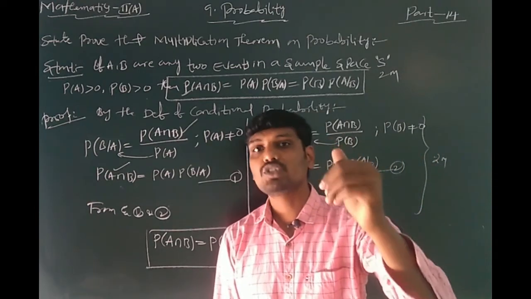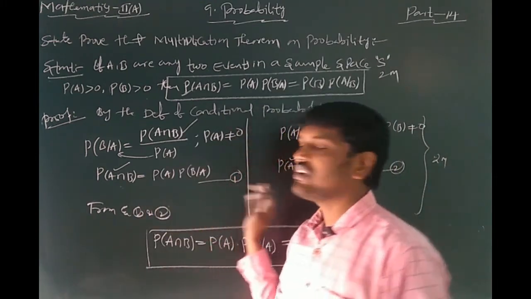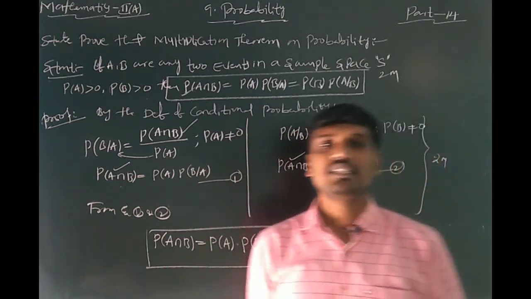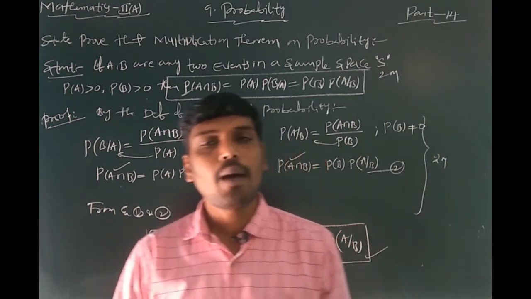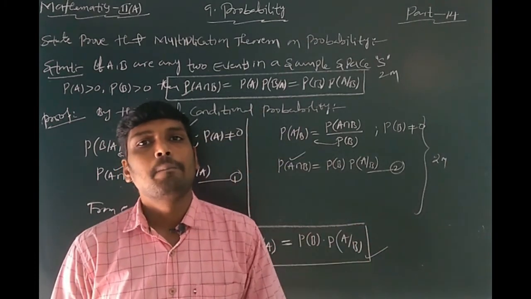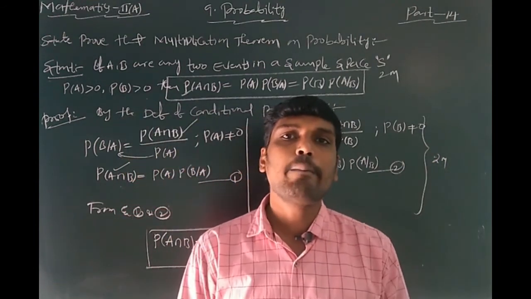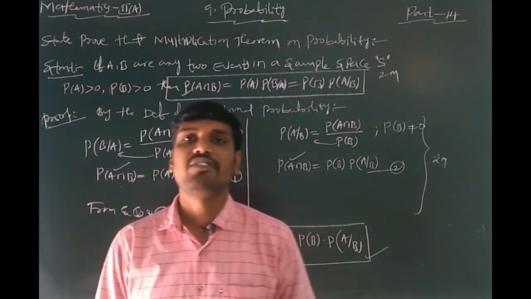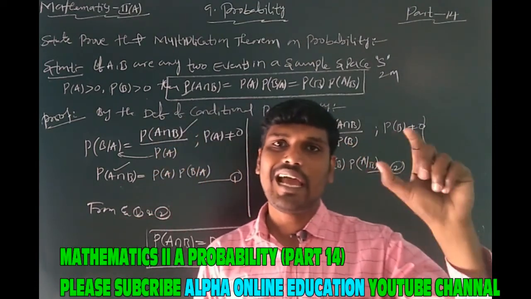After that, the simplification gets 2 marks. Conditional event, conditional probability and the multiplication theorem on probability are very important theorems and definitions from the second and third parts of exercise 9C.